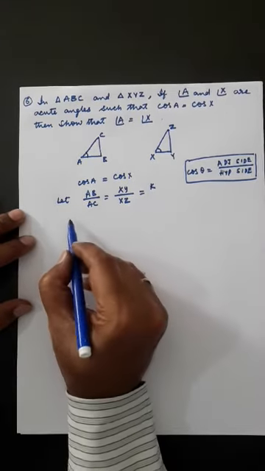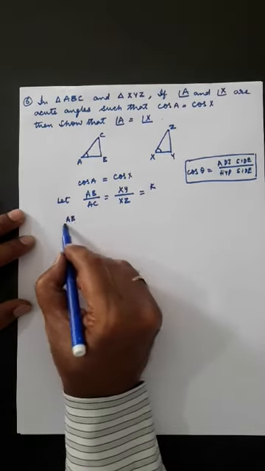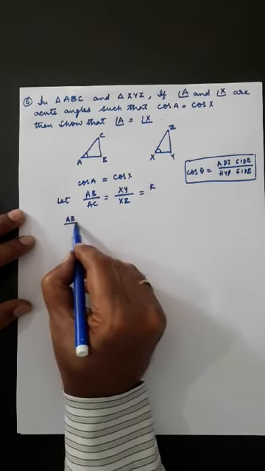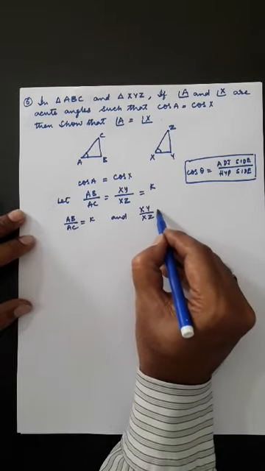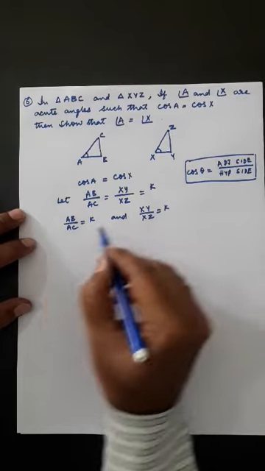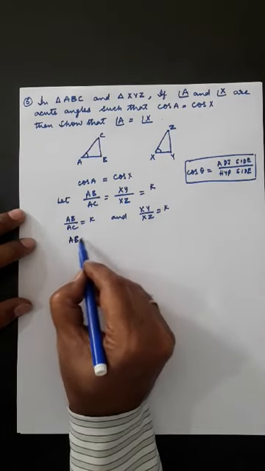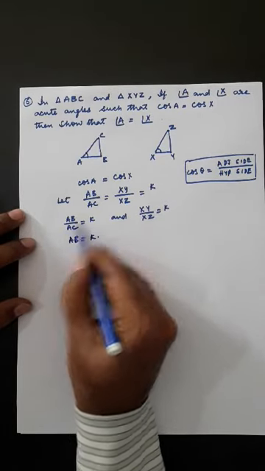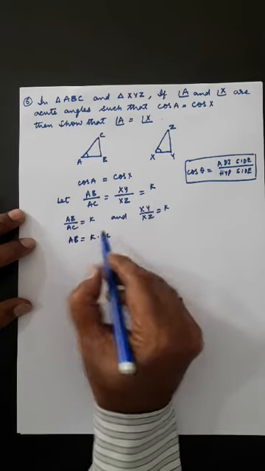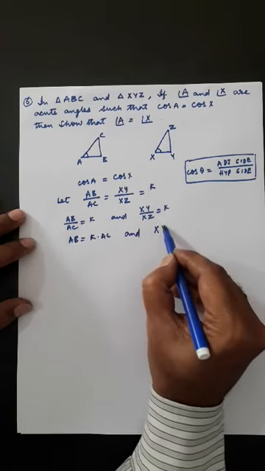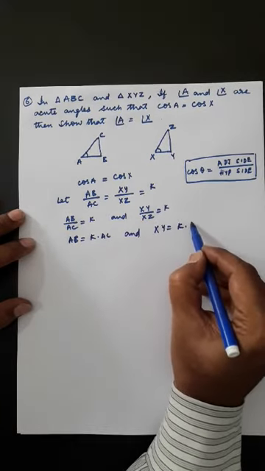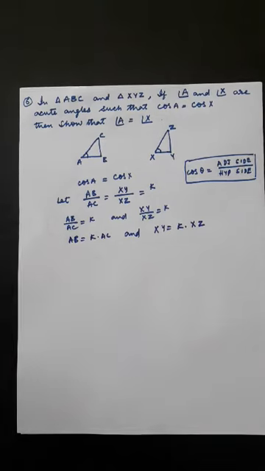Then AB by AC equal to k, and XY by XZ equal to k, which is nothing but AB equal to k into AC, and similarly XY equal to k into XZ. So we have two relations.